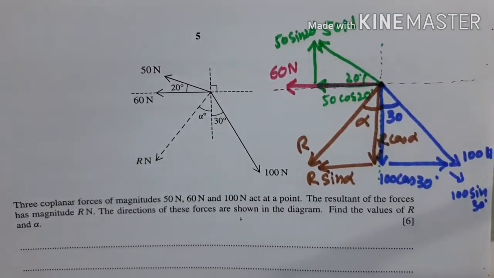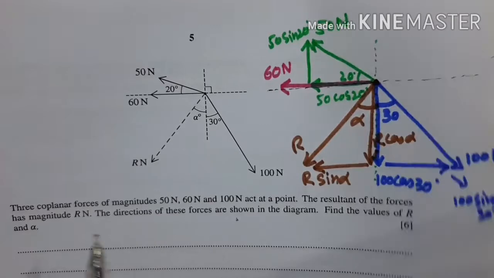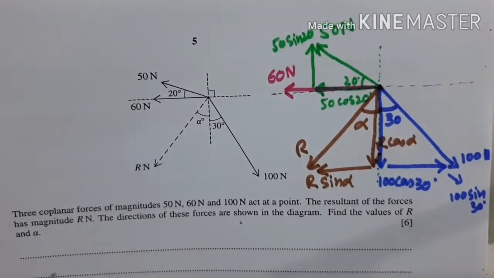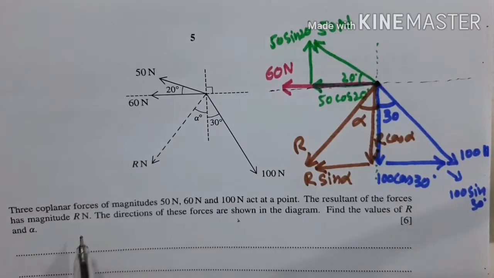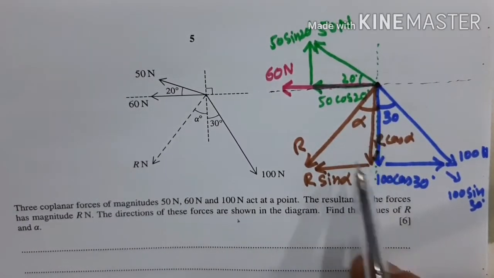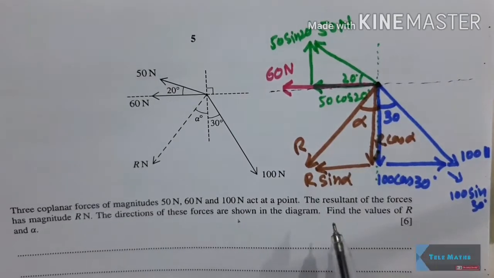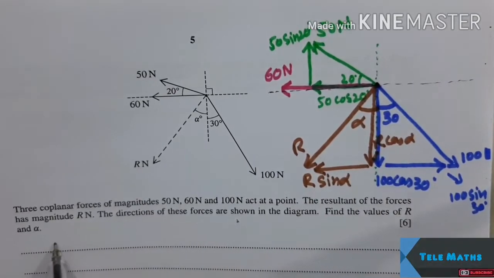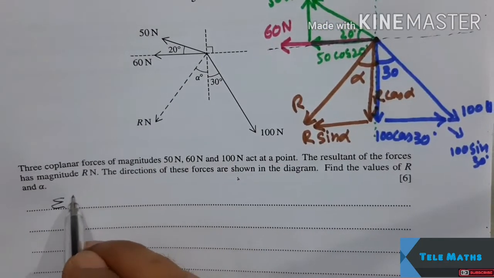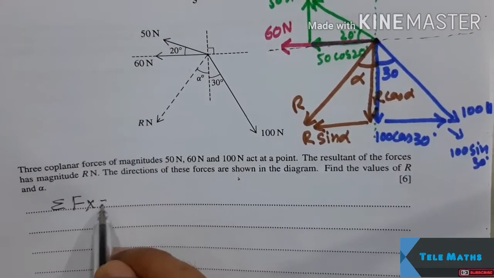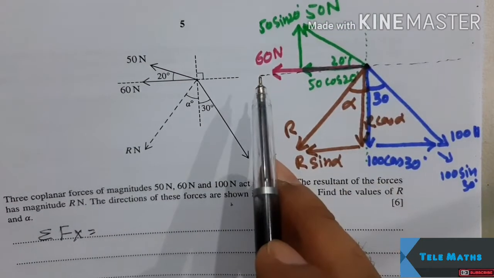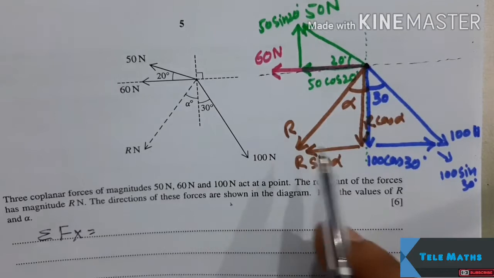Now, first of all, because these are coplanar forces, we'll find the sum of all the horizontal components of the forces, that is sigma Fx. So all the right hand side forces will be positive and all the left hand side forces will be negative.